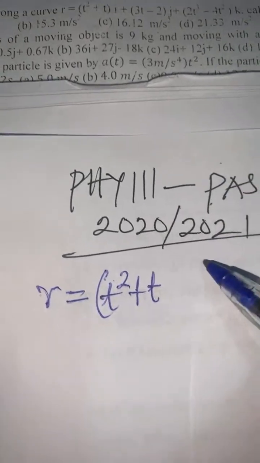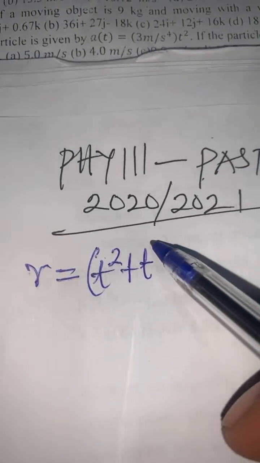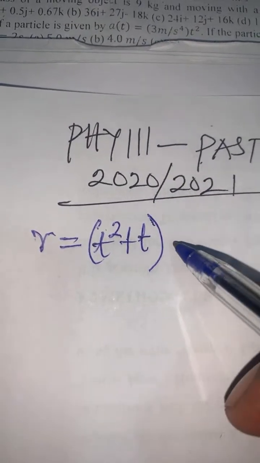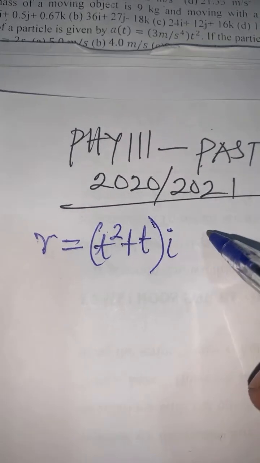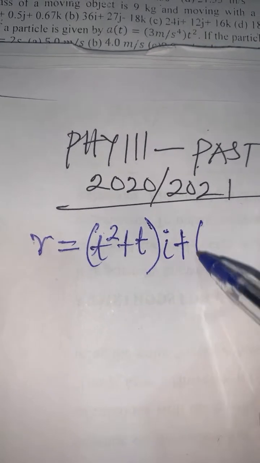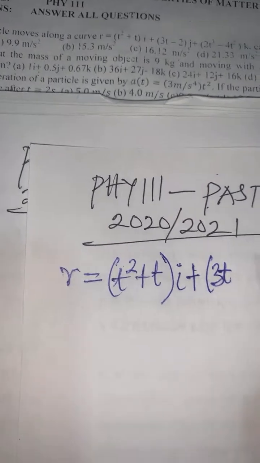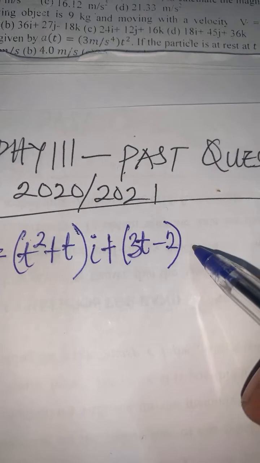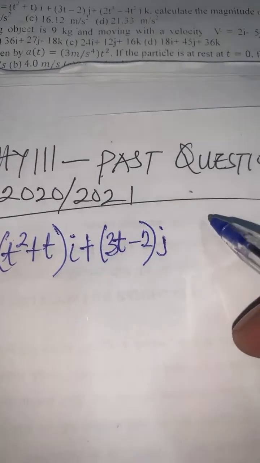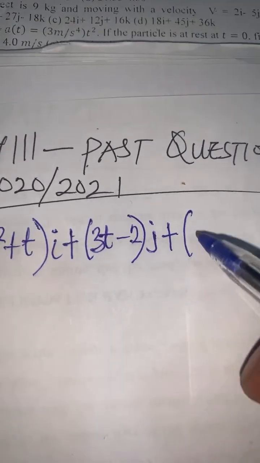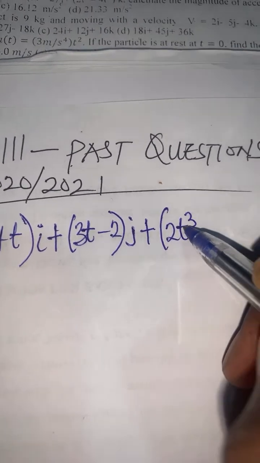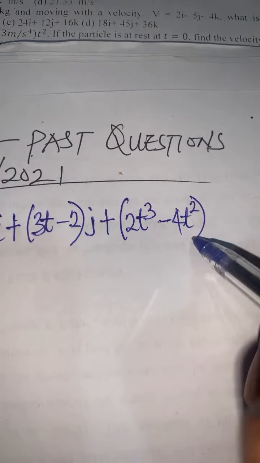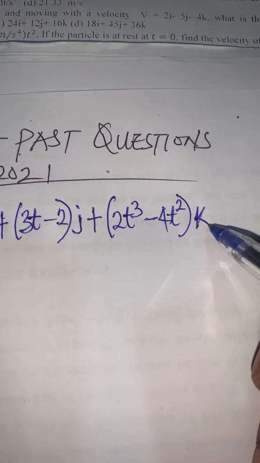All right, so the first problem, we're interpreting it. We have r equal to t squared, I'm rewriting it now so that I can see it better, i plus 3t minus 2j, and then we have also plus 2t to the power of 3 minus 4t squared, then we have k.